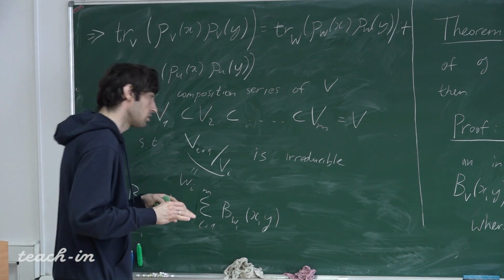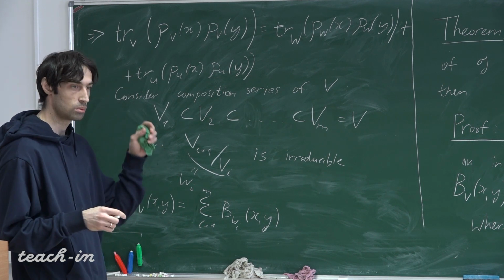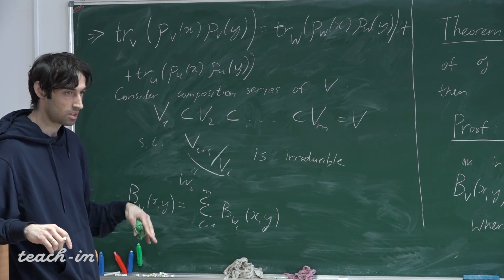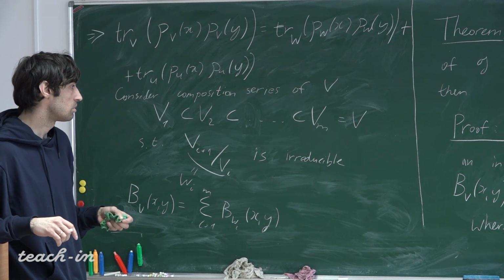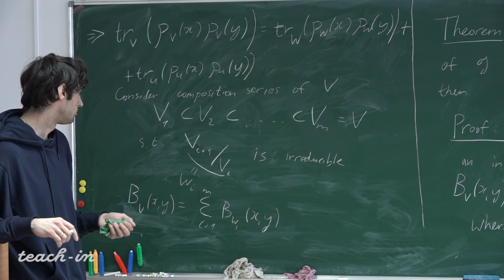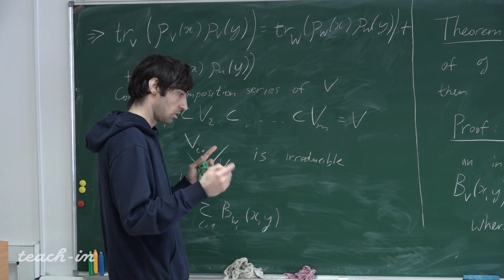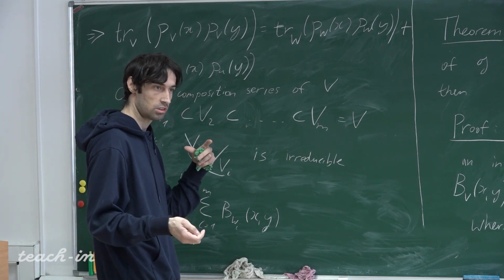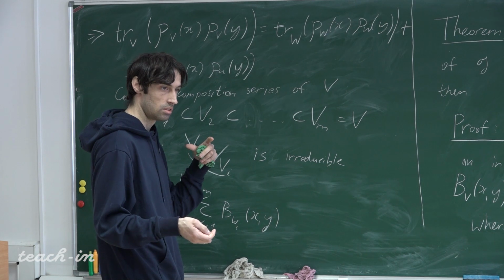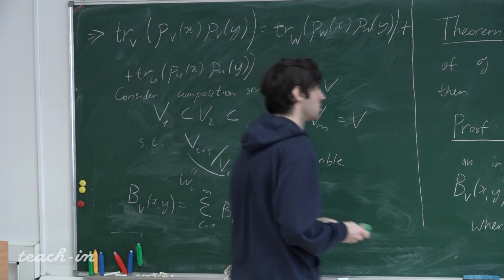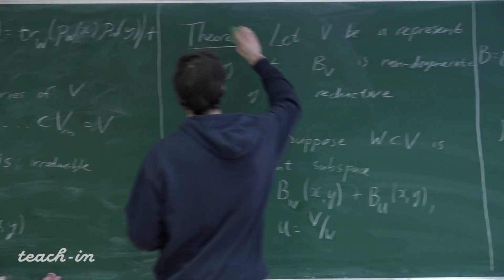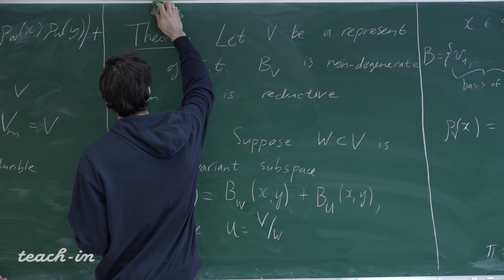So I'm kind of boiling everything down to irreducible representations, because for irreducible representations, we know that the commutant of G in radical G acts by 0. Right? So that's what we would like to use here as a next step.